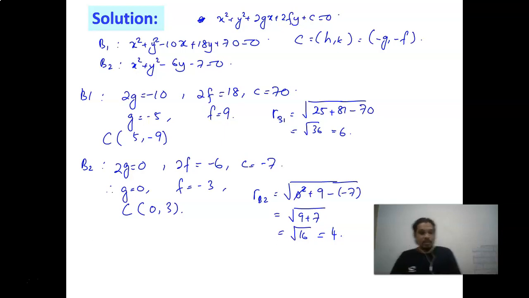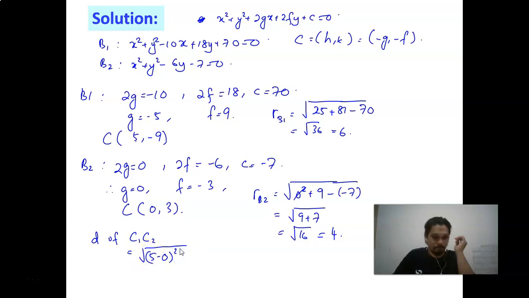So the distance between the centers of both circles, C1 and C2 here, equals the square root of (5 minus 0) squared plus (negative 9 minus 3) squared. You can count by yourself; this is going to give you the square root of, oh no, 13.